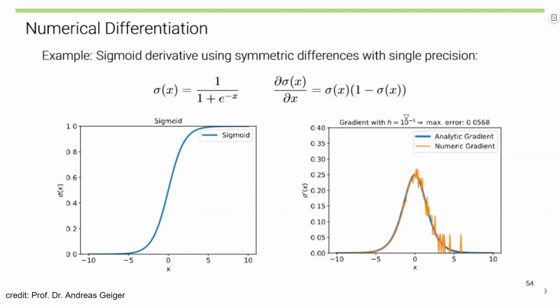However, when we further decrease the value of h, and when we use the value 10 to the power of minus 6, then the maximum error increases like this. And you can see with your own eyes that the analytic gradient and numeric gradient become distinctive like this.